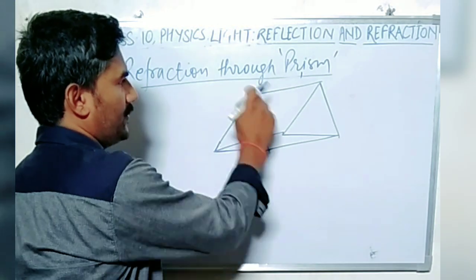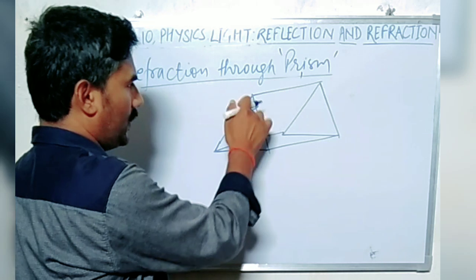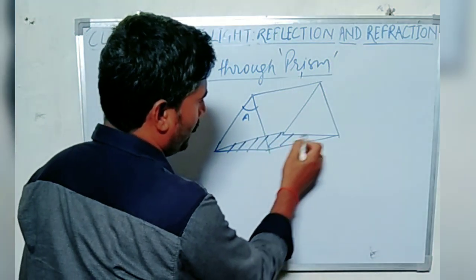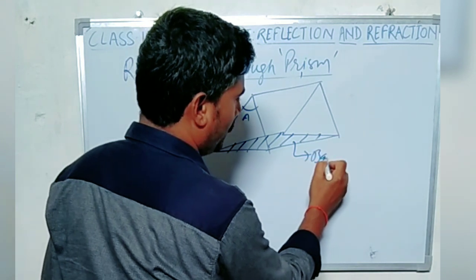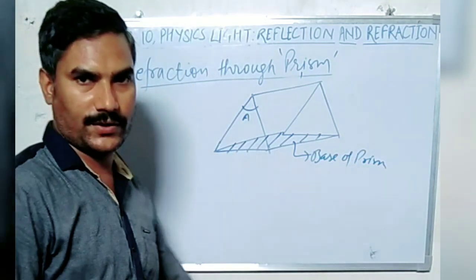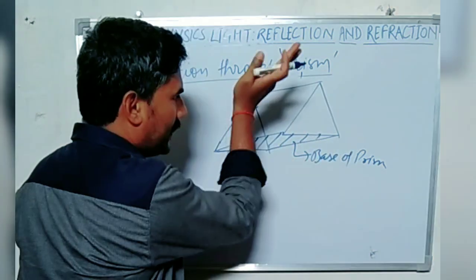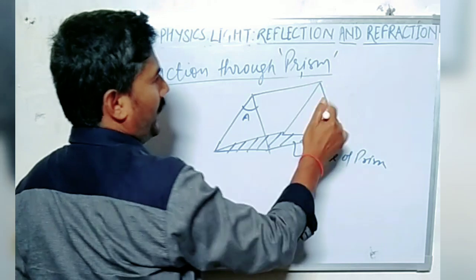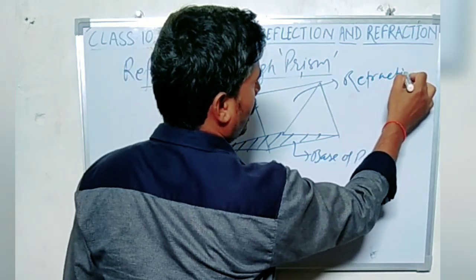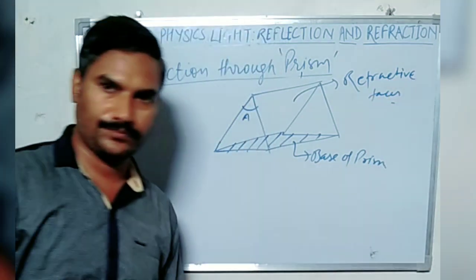This triangular faced surface is known for giving the angle of prism. This shaded portion is the base of the prism. And this rectangular and tilted face is known as the refractive face. Refractive faces of the prism.